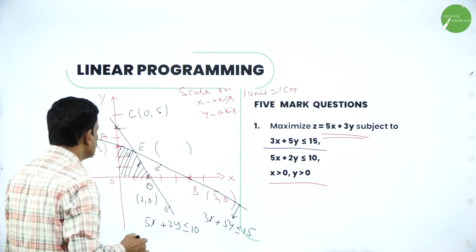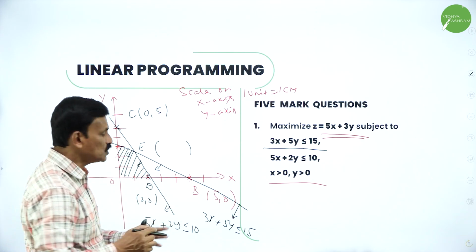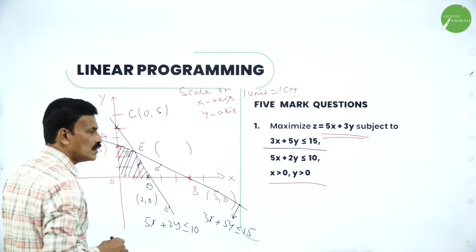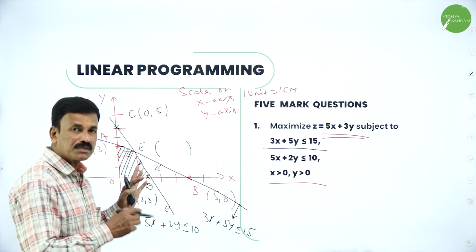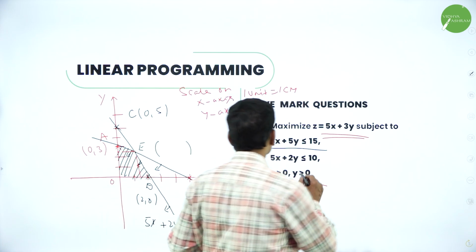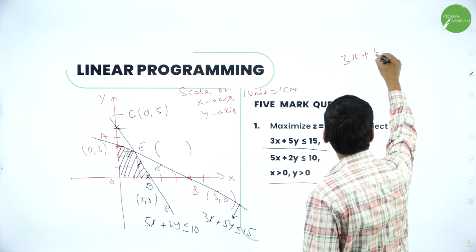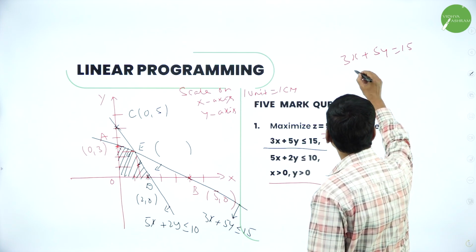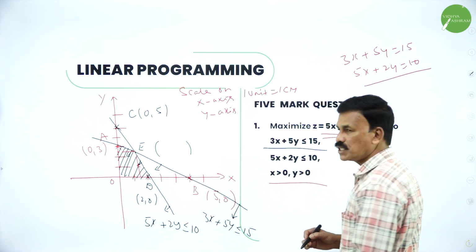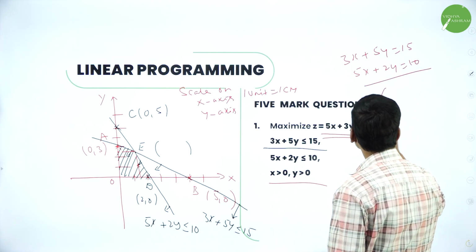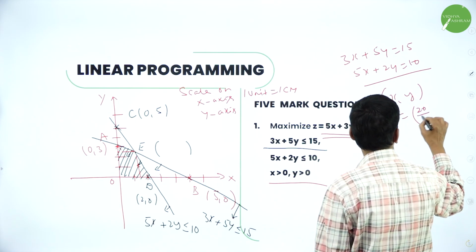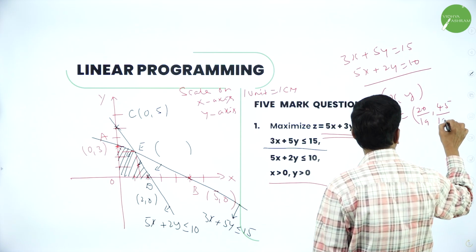Now find out what E is. If you draw the graph on a graph sheet, these points will give the point E. Otherwise, if you solve these 2 equations, 3x plus 5y is equal to 15 and 5x plus 2y is equal to 10, we get x is equal to 20 by 19 and y is equal to 45 by 19.